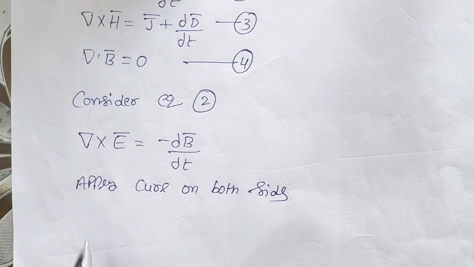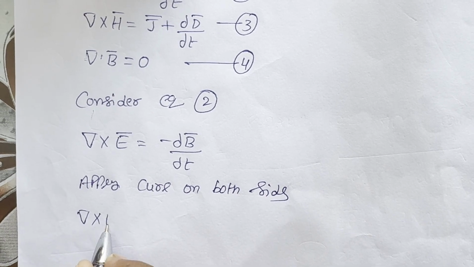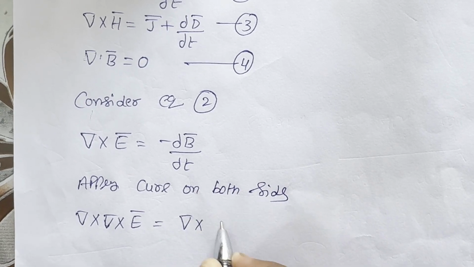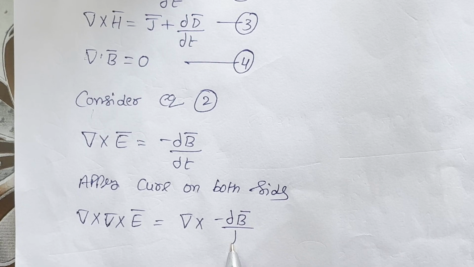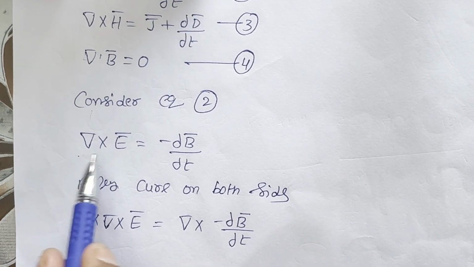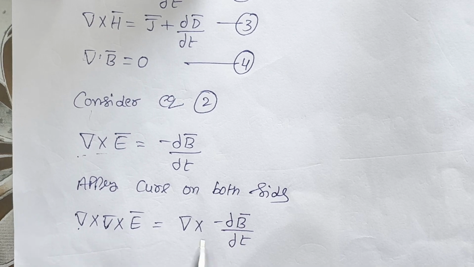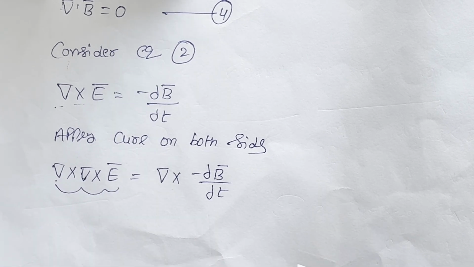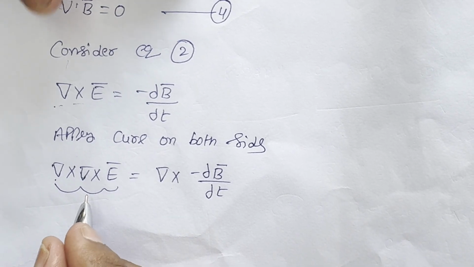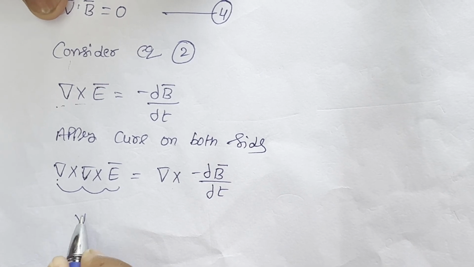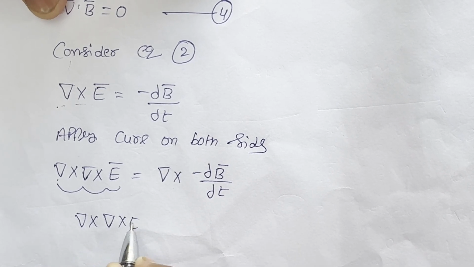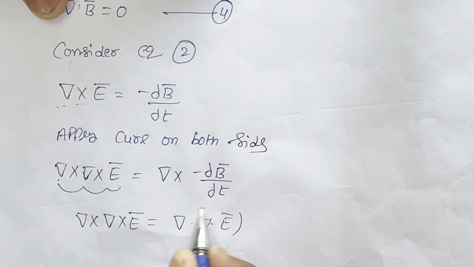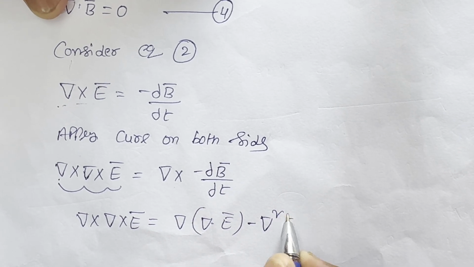So by applying curl, del cross del cross E bar equal to del cross minus dou B bar by dou t. According to the vector identity, this can be expressed as del cross del cross E bar equal to del dot E bar minus del square E bar.